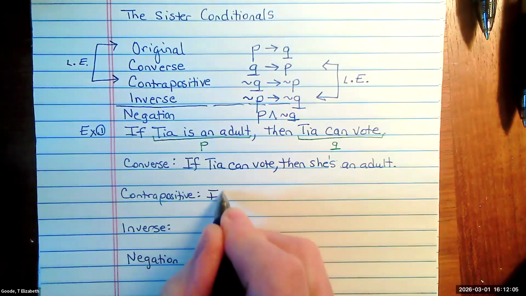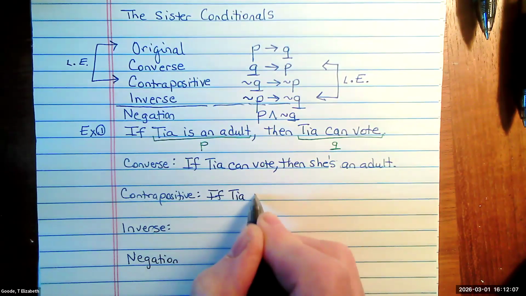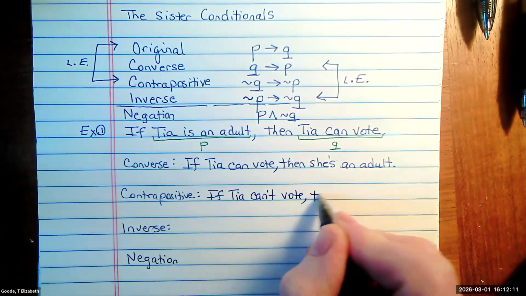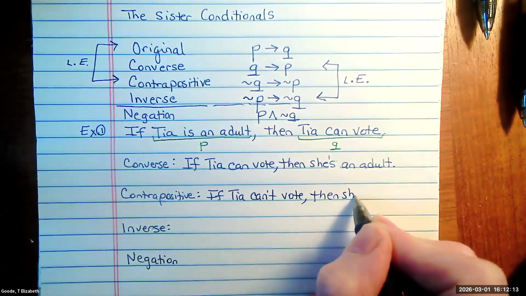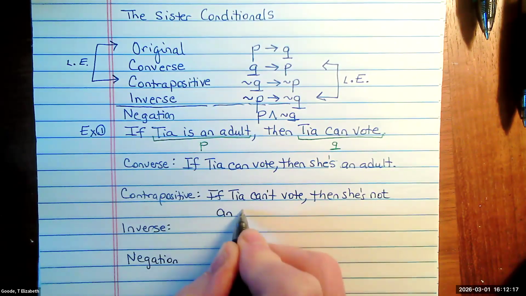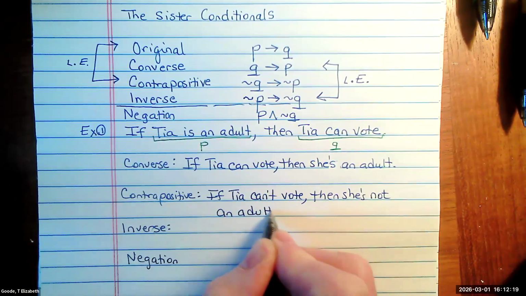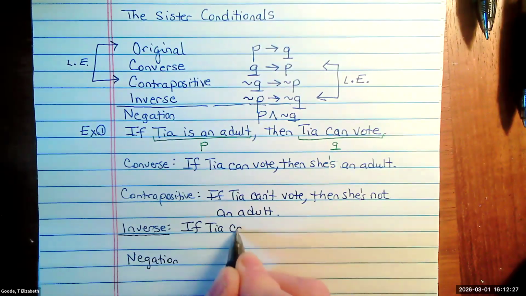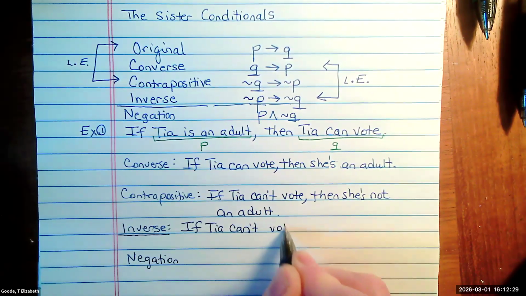So if Tia can't vote, then she's not an adult. Perfect. Keep going. Let's do the inverse. If Tia can't vote, then she's not an adult. Good.